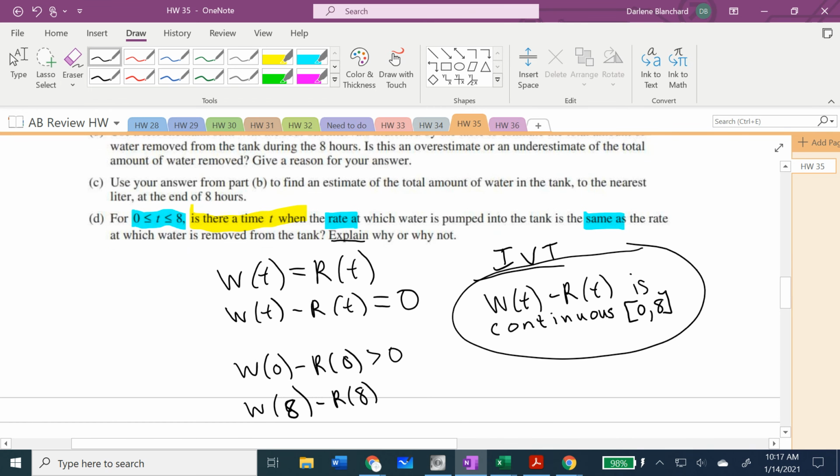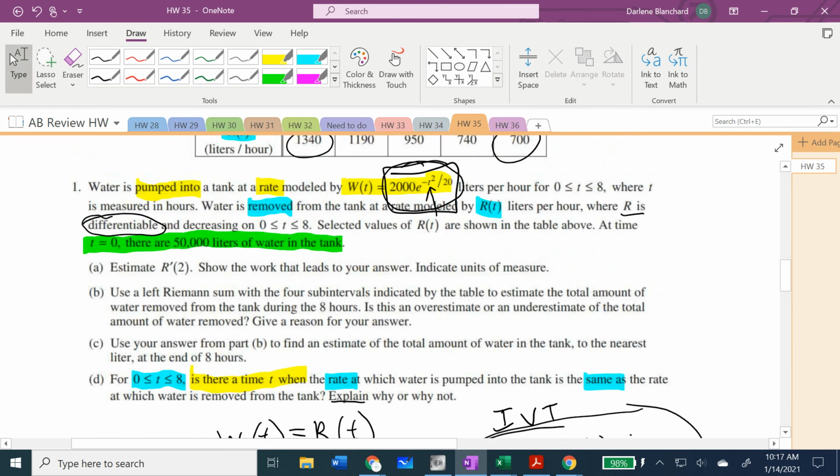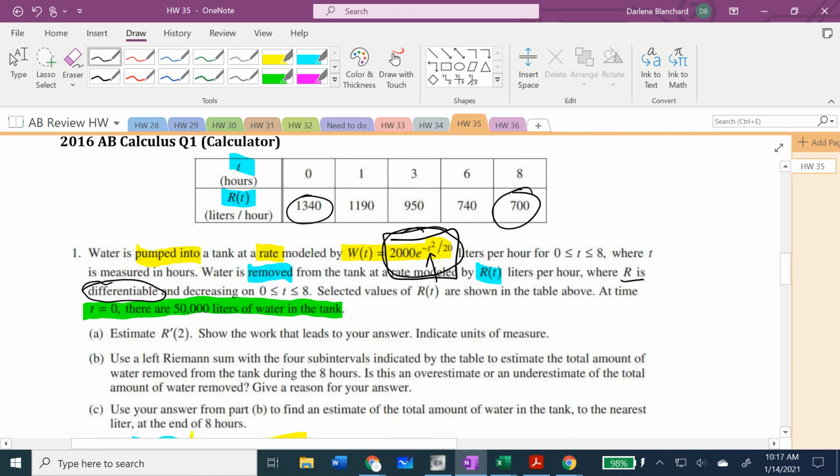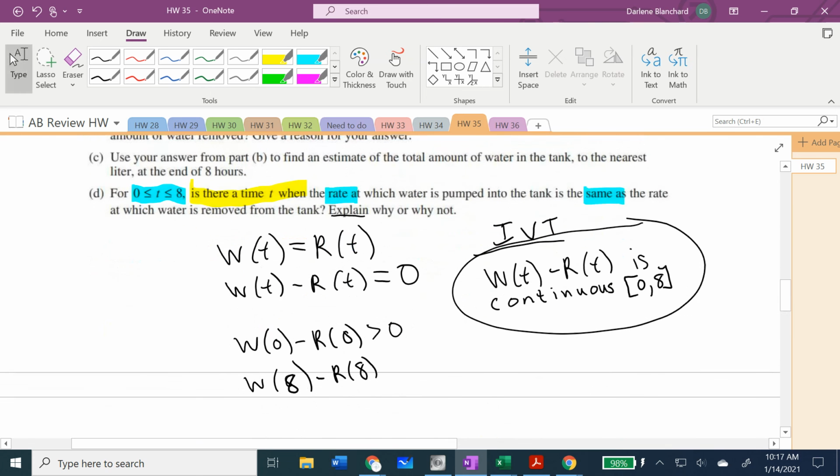Then you're going to look at, in your calculator, plugging 8 into the t and comparing it to 700. This time, the R function is bigger. So this is negative.